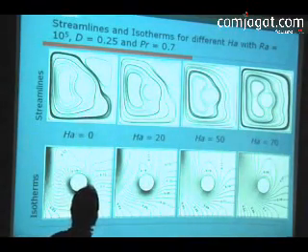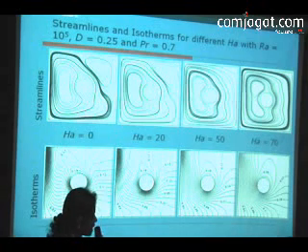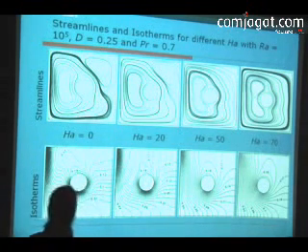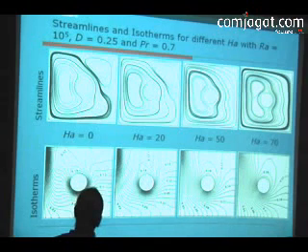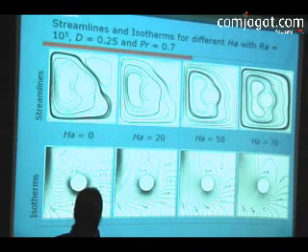This result shows the streamlines and isotherms for different Hartmann number, that means magnetic parameter. The upper figure shows the changes in streamlines for increasing magnetic parameter, and the lower figure shows the isotherms for increasing Hartmann number.